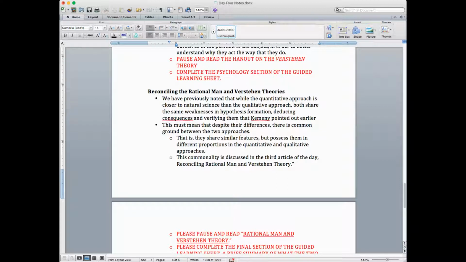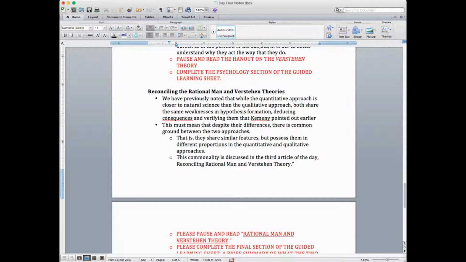All right, now our final task for today is we want to reconcile, if we can, the rational man and Verstehen theories, meaning, yes, they have subtly different approaches, but in fact, they have more in common with each other than either has with the natural science or any other discipline.